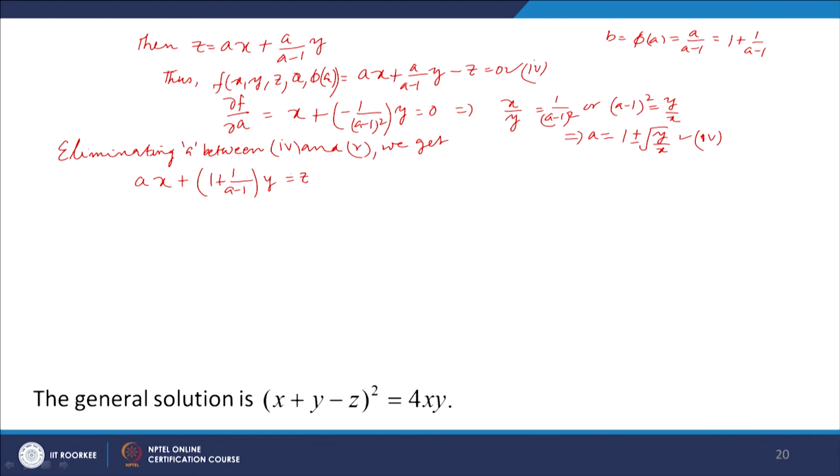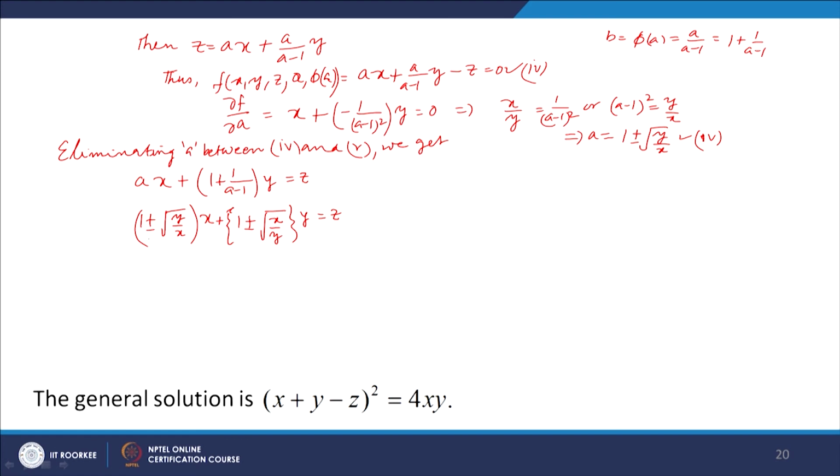So, a is 1 plus minus square root y over x, this is a into x, and then we have 1 plus 1 upon a minus 1. 1 upon a minus 1 is plus minus square root x over y. So, plus minus square root x over y into y equal to z.